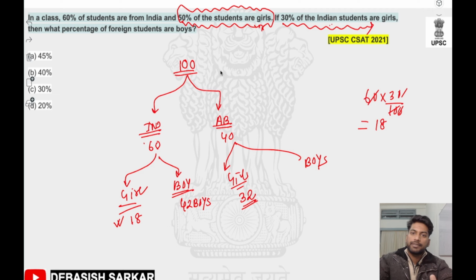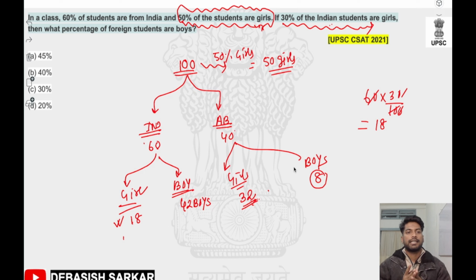You have to make 50% girls. 50% girls means the girls number will be 50, and we have only 18 girls here, so definitely abroad girls have to be 32. If this is 32, then boys will be 8. Okay, because 40 students are there. Now they are asking what percentage of the foreign students are boys.